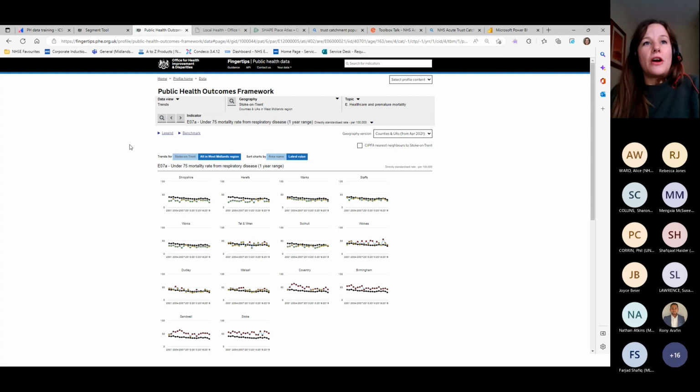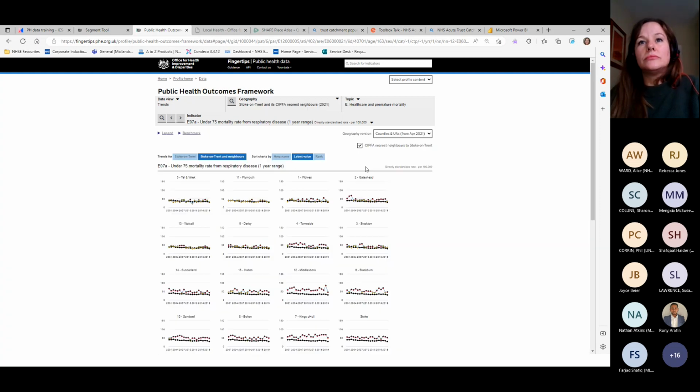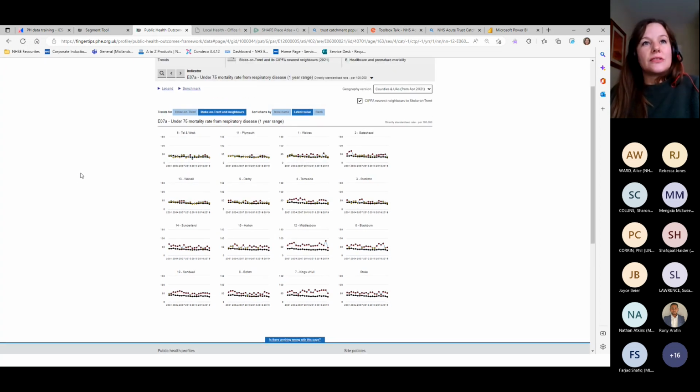However, there is a lot of variation in the demographics across the region. So what I want to do is compare to similar areas, and I do that by clicking this box here. And there we can see all the areas that Stoke is comparable to, and the numbers here indicate the rank of that comparison.